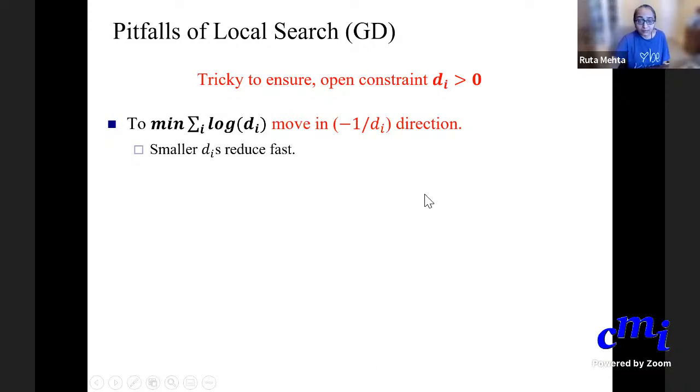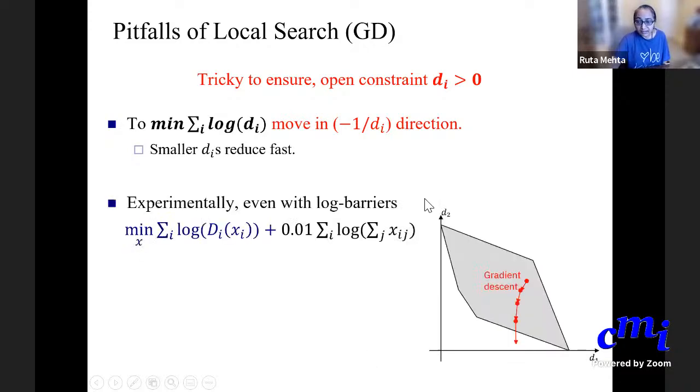Even if you add barrier functions, log barriers, which people do to avoid boundaries, whatever you do, we did experiments, it will take one of the coordinates to 0. It will basically pick the least coordinate and decrease it all the way to 0 when you apply gradient descent.